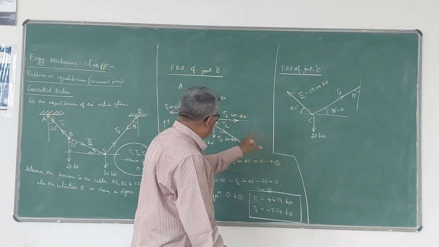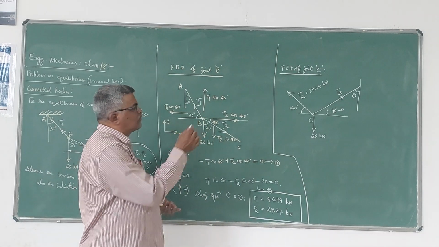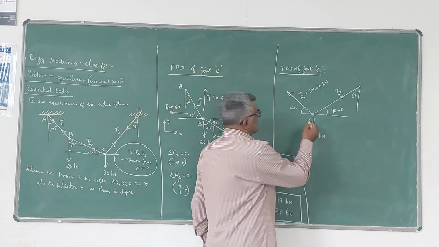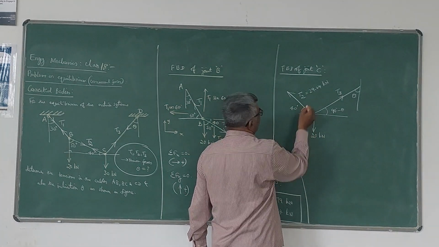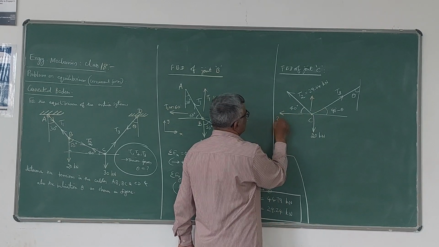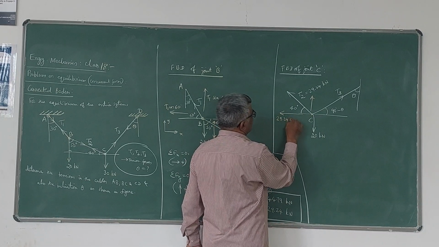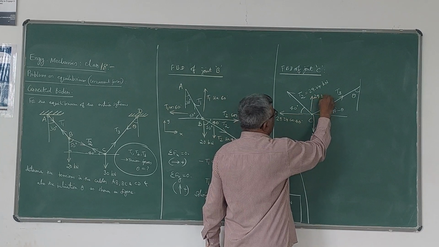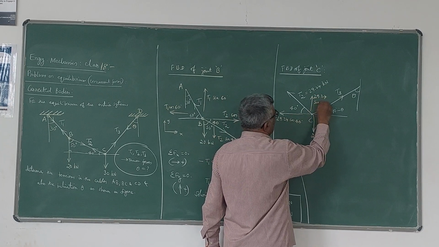Now, once again, you have to use the same principle. You have to resolve the forces along the two perpendicular directions, x-axis and y-axis. So if I resolve this, horizontal will be like this, vertical will be like this. So this is 29.24 cos 40 and this is 29.24 sin 40. Okay.